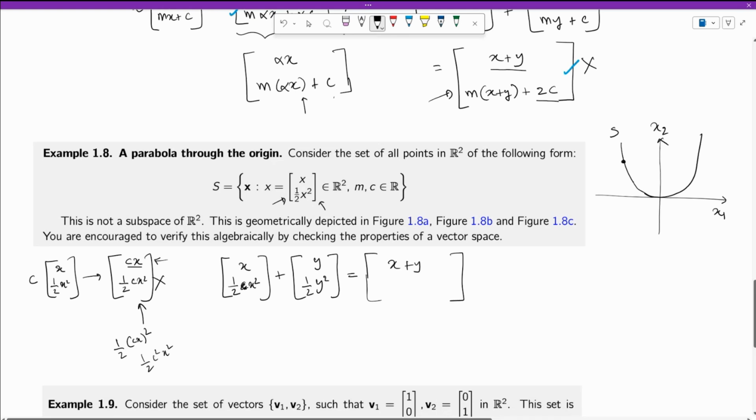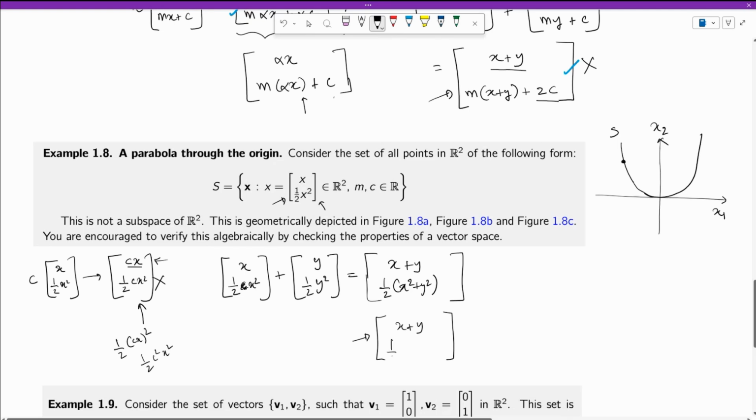This will be x plus y. This will be half of... The question is, is this closed under vector addition? Yes or no? See, if a vector has to be part of S, if the first element is x plus y, what should be the second element?